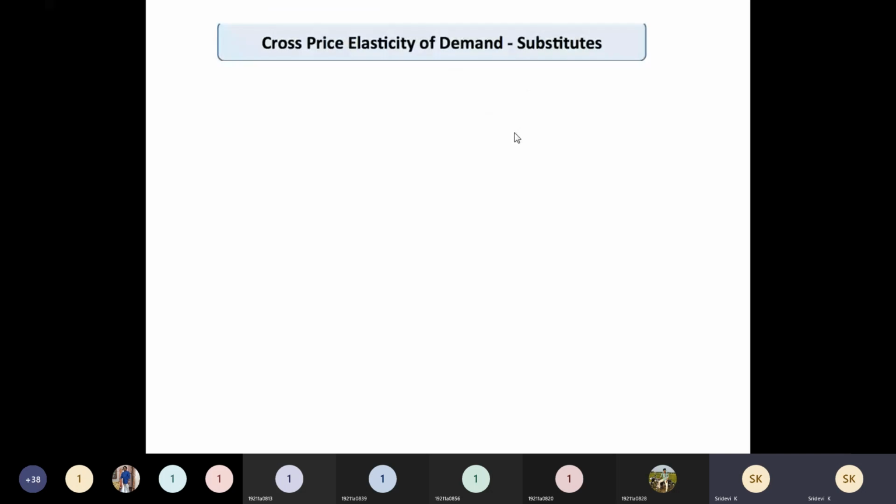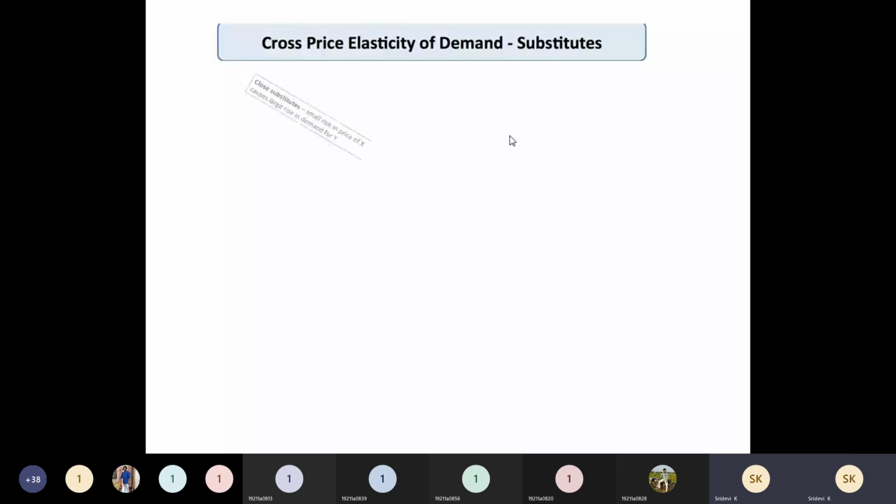In the same manner, when there are complementary products, joint products, then that graph will be negative. So before that, we will see cross elasticity for substitutes. When we have close substitutes, then the graph will be like this. Even a slight change in the price will bring a more drastic increase in the quantity.